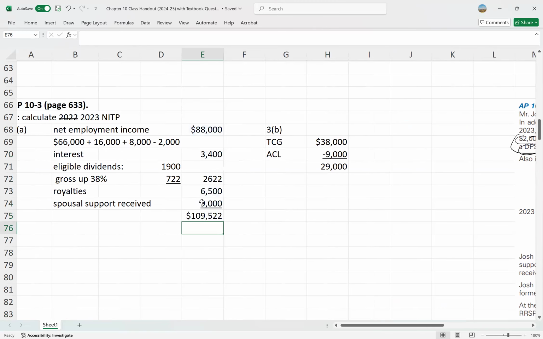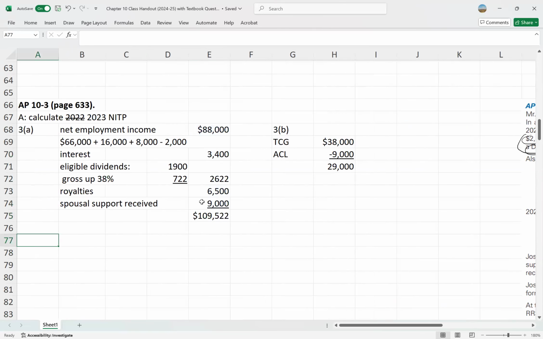And then we get to our 3C amounts. And once again, we were told that he didn't claim an RRSP deduction. There's moving expenses, but there's no moving expenses in the question. There's childcare costs. Now, remember last week we talked about the childcare cost was the lesser of those 3 amounts. We're not going to go through that calculation. We'll just accept that the 4,000 that's given to us is the lesser of those 3 amounts.